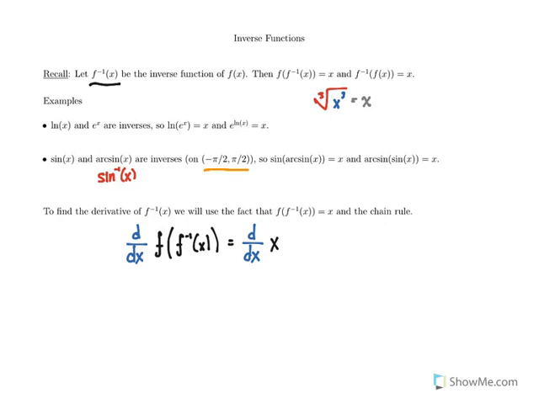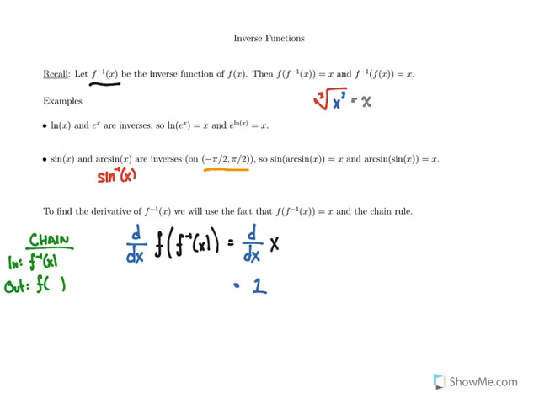The right-hand side of this is very easy to do. It's the derivative of x, that's just 1. The left-hand side, we need to use the chain rule in order to take care of this. So we have the inside function is f inverse, and the outside function is f of something.